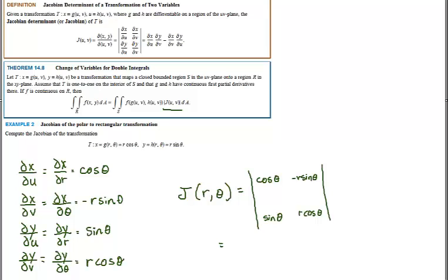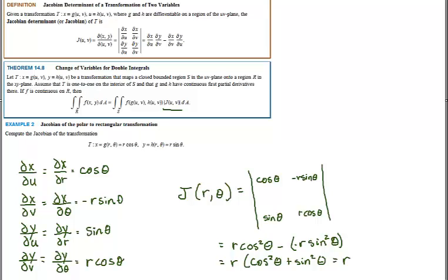Computing this determinant, you're going to get r cosine squared theta, and then you're going to get minus a negative r sine squared theta. And then doing a little bit of algebra here, you'll note that we have an r in both cases. I'll pull it out, and I have cosine squared theta plus sine squared theta, which we know to be 1.